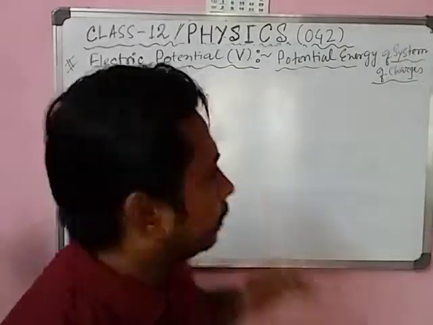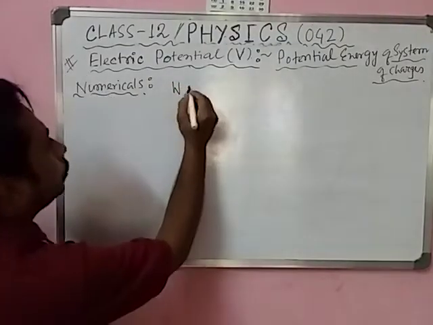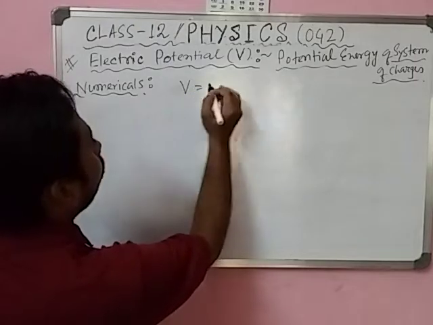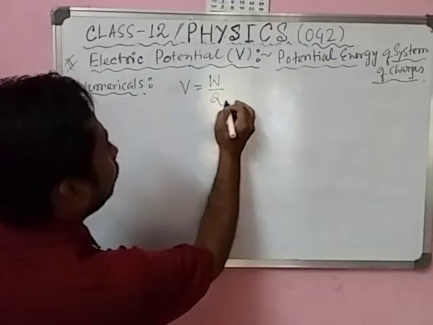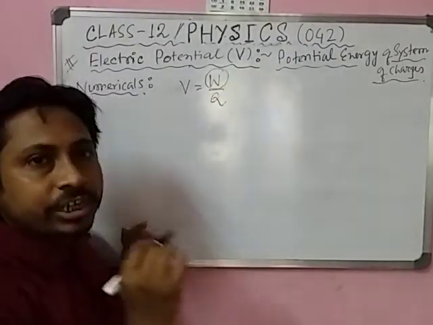First of all, listen, potential energy means work done, W. You know potential means V equal to work done per unit charge. So work done means potential energy.